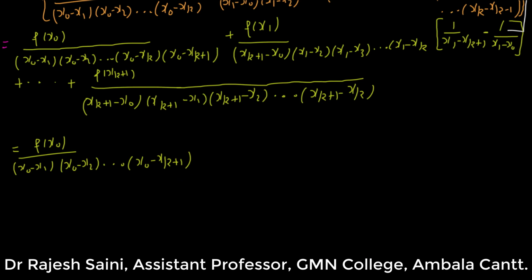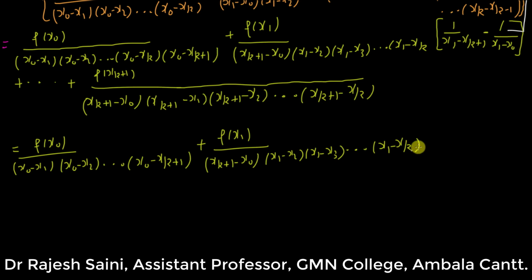So this will be this thing plus, now writing this one, f of x1. Now you take the LCM over here. Let me write it at least once: x1 minus x2, x1 minus x3, and x1 minus xk.